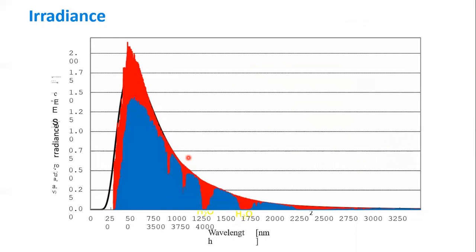That's why those people who are dealing with solar cells, for example, for space applications, are going to use the spectrum of AM0, which is again the spectrum of the sun in space.